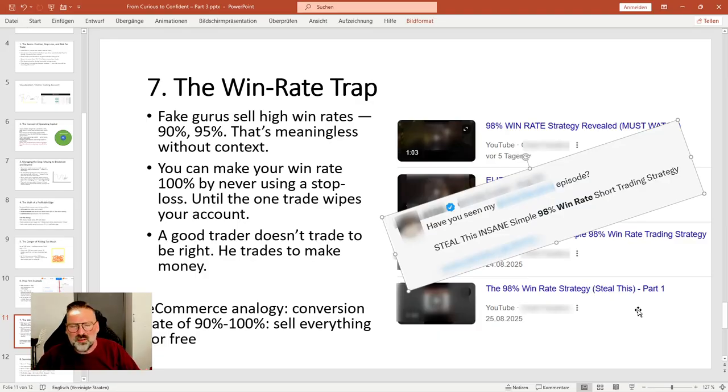So in e-commerce, if you run an online shop, I think you can relate to that. Everything is about conversion rate. So visitors come to that online shop. How many of them buy? The percentage number, that's your conversion rate. If 5% buy, then your conversion rate is 5%.